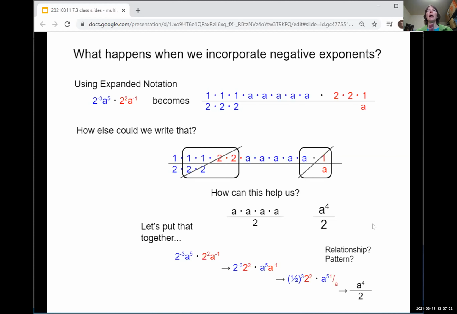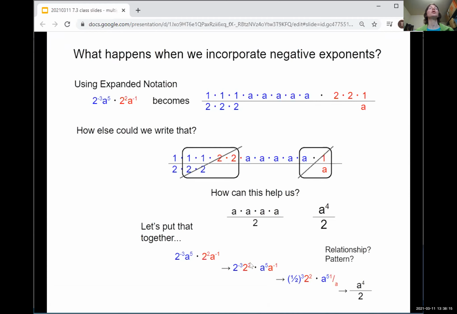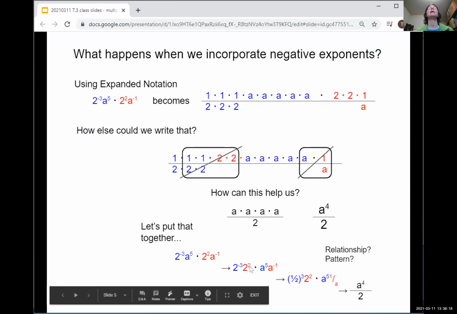And if I add my exponents, I get 5 plus a -1, which is 4, which is what you were just mentioning. But you seem a little concerned about whether it works for when the base is 2. But on my other set here, I have 2 to the -3rd and 2 to the 2nd, and -3 plus 2 is -1. Well, 2 to the -1 is 1/2. And so really it looks like this.